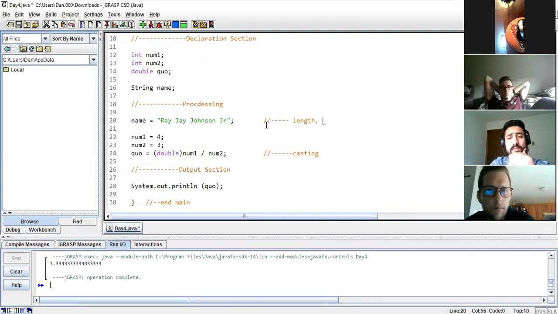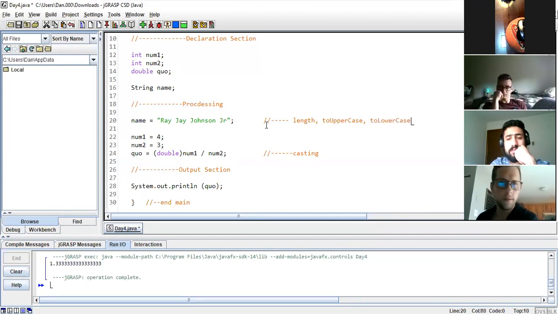Length was 1. Uppercase. Yeah, was it 2 uppercase? You notice how that is written as camel case. And then there was 2 lowercase. And then there was 1 more. Charat? Yeah. Charat. Okay, good.